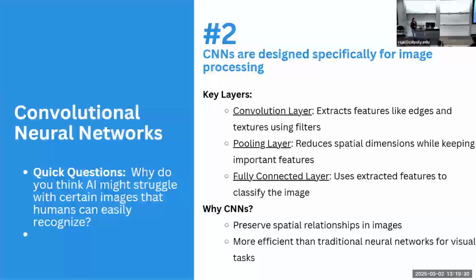Yes, exactly, that's so true. That has a lot to do with the lighting of the picture, or whether the image is rotated, or if there are other objects in front of the image and it doesn't understand the depth and perception of things like that. That's something that's constantly being worked on, and this is where convolutional neural networks come into play as well.